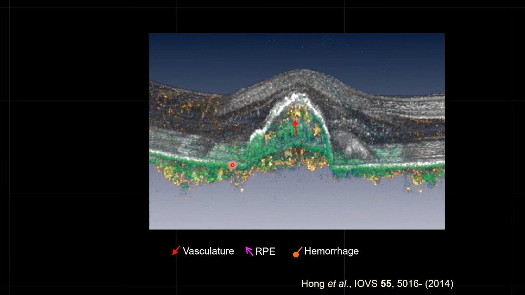There is an elevation of the retinal pigment epithelium, and we can see the abnormal vasculature on top. Surely this is the elevation of the retinal pigment epithelium because it's green, I mean the low degree of polarization uniformity. It's a melanin signature. But on top, there is no green signal, no melanin signal.